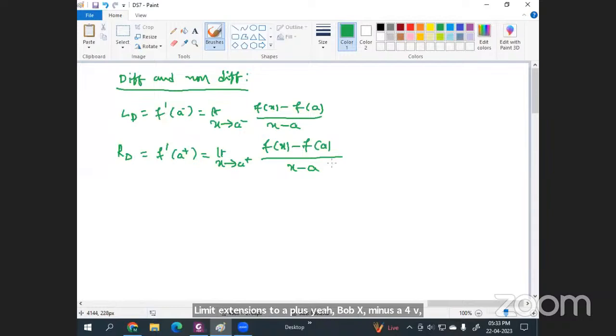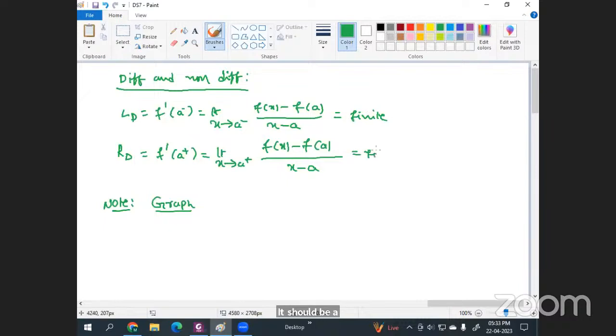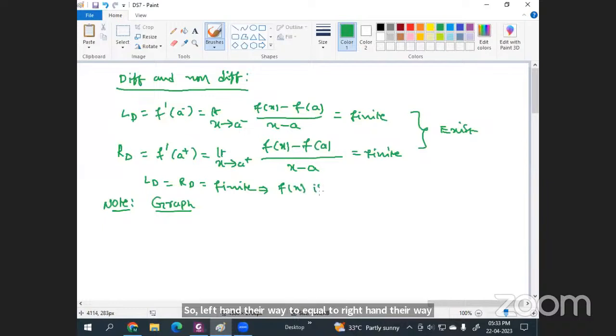Note the graph: it should be finite, that means it should exist. So left hand derivative equals right hand derivative equals a finite value, then f of x is differentiable.